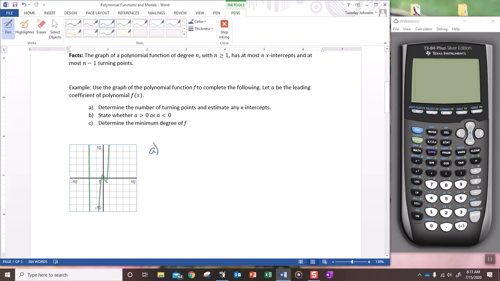For part A, it looks like we have 1 turning point, 2 turning points, 3 turning points. Number 1 will be a global minimum, 2 is a local maximum, 3 is a local minimum. Notice since both ends of the graph finish up, there will be no global max.